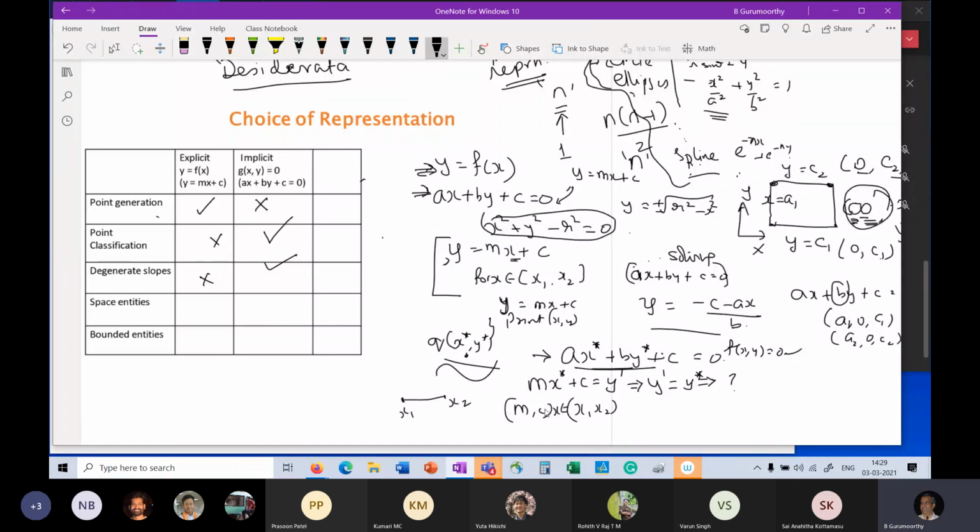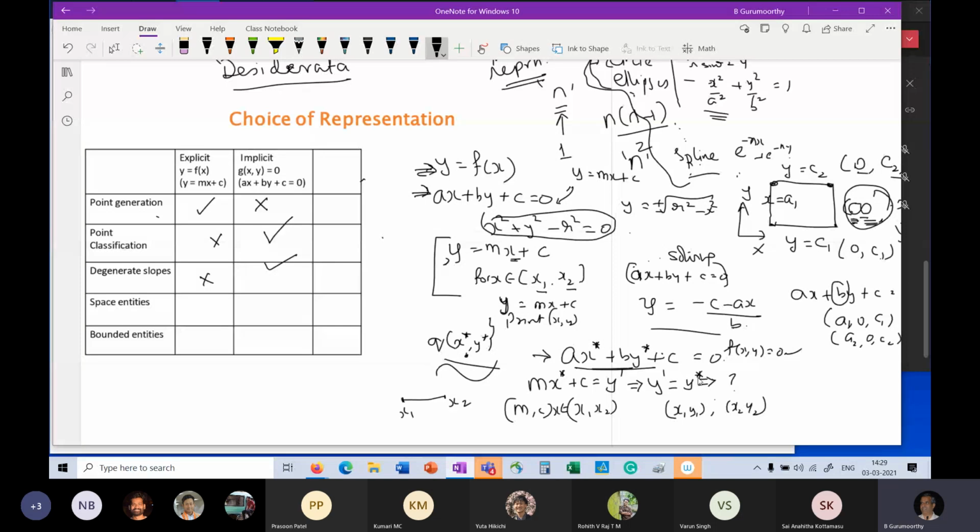You have to carry this information along. So when you do this for loop, for example, you have to know which x1 and x2 you have to march through to figure out that the line starts at x1 and ends at x2. Likewise, in the implicit form also, you have to carry the two extremes with you. Otherwise, there is no way that you know from the representation that the line goes from x1 to x2.